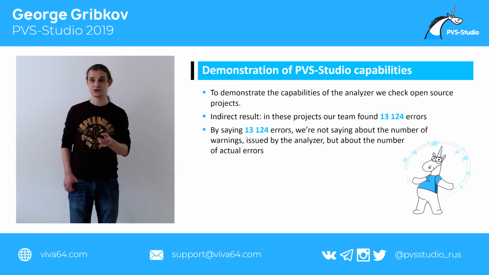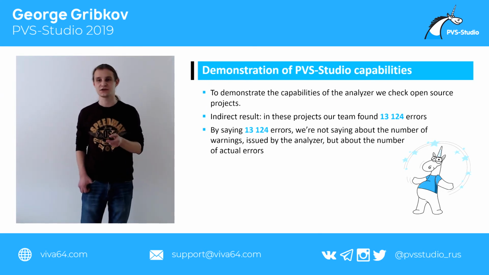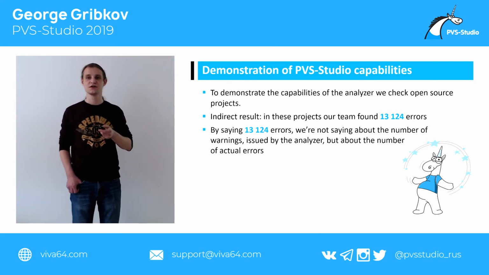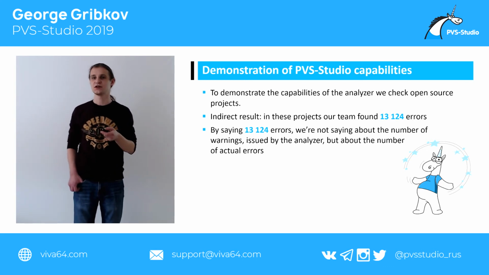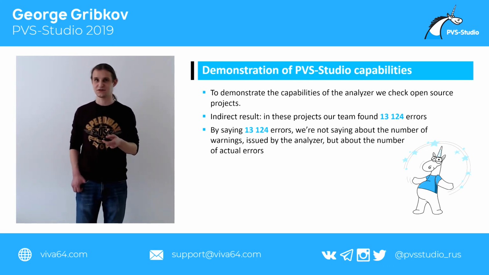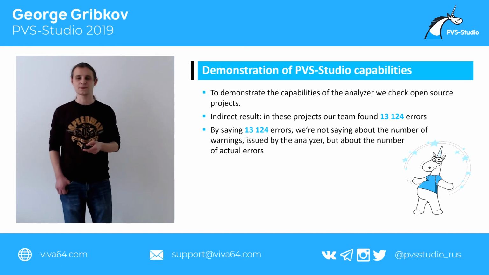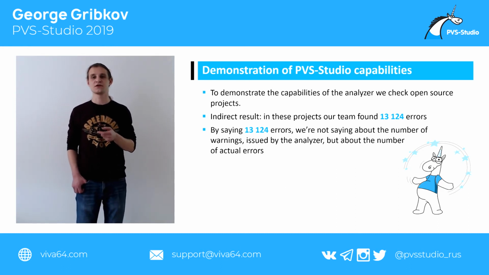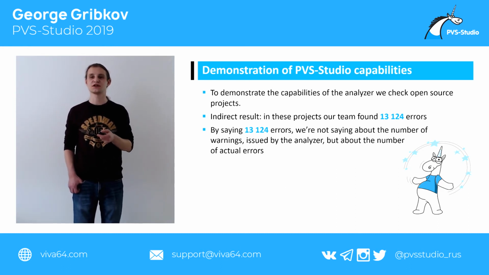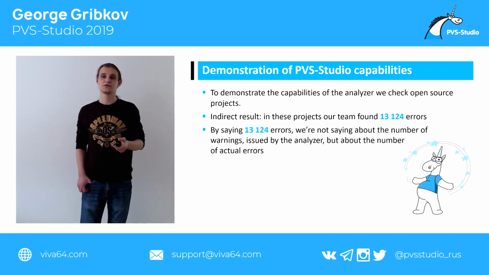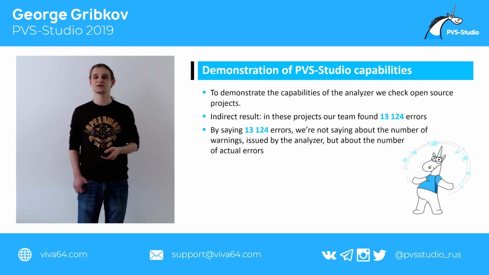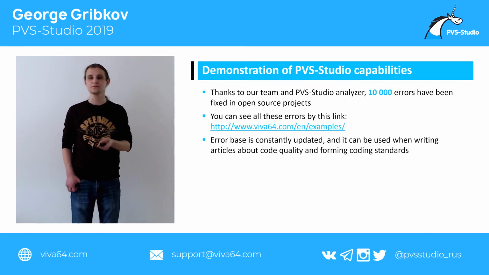I draw your attention: this is not 13,000 warnings that the analyzer found in total for all checked projects. This is a manually selected 13,000 errors. That is, thanks to our analyzer, the open source world has fixed a huge number of errors in its code. So, no doubts, there are some huge benefits from these articles.